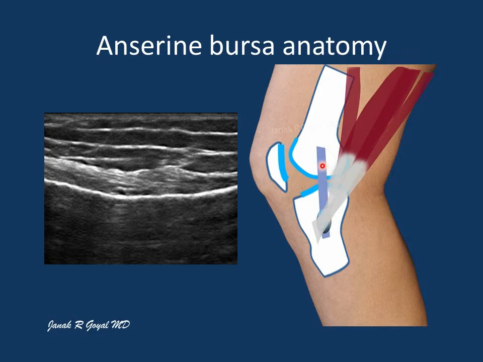Here is your medial collateral ligament, here is the pes anserine tendon, and here is your pes anserine bursa lying deep to the pes anserine tendon and superficial to the medial collateral ligament.